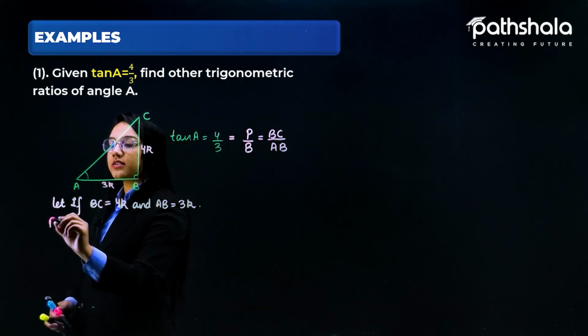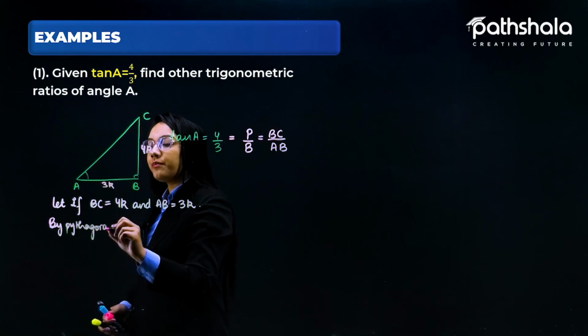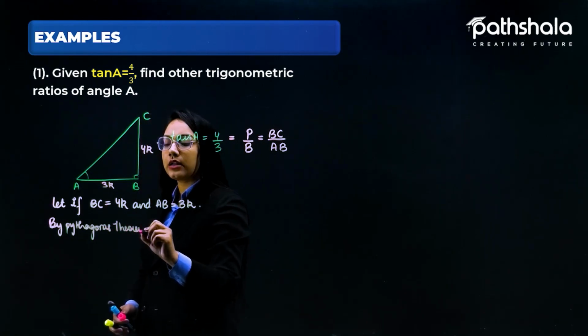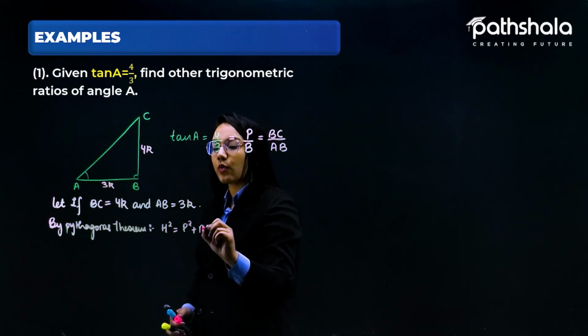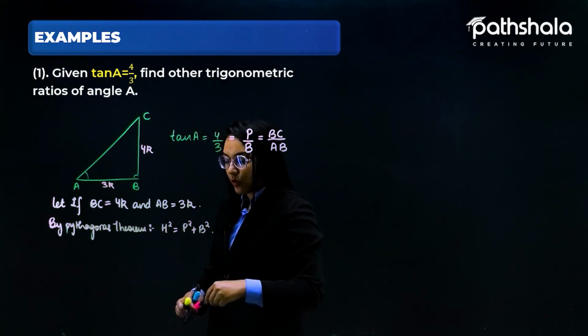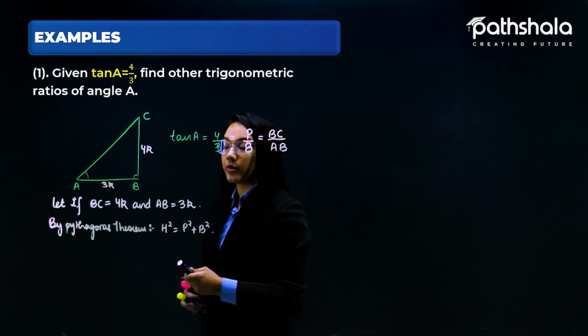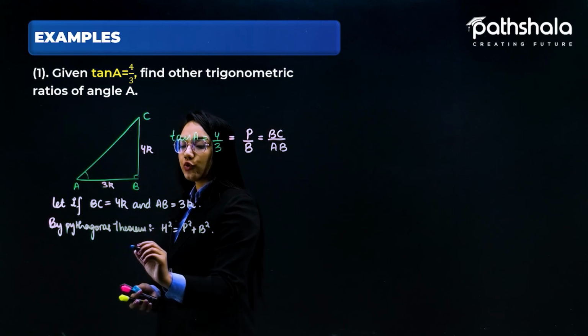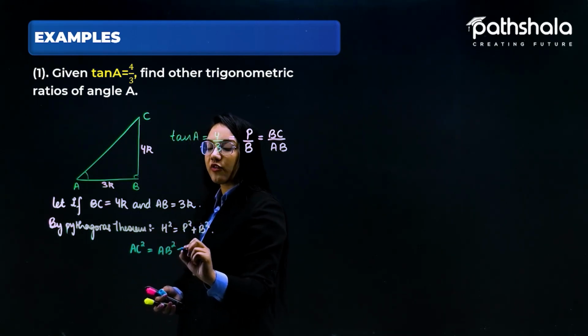By the Pythagoras theorem, we know that the hypotenuse square is equal to the sum of the squares of the other two sides, meaning perpendicular square plus base square. Applying this to the right triangle, AC square is equal to AB square plus BC square.